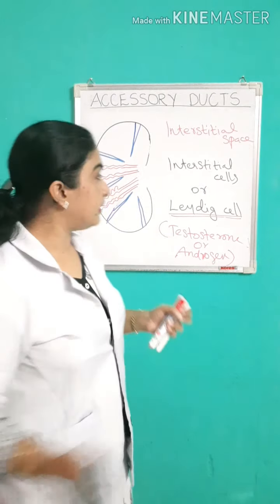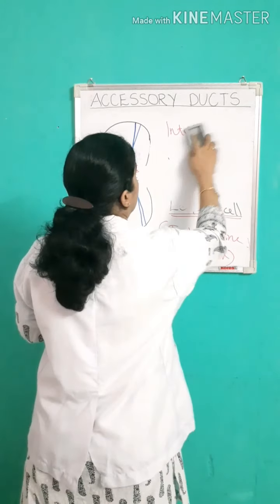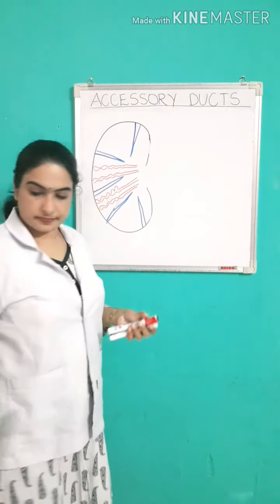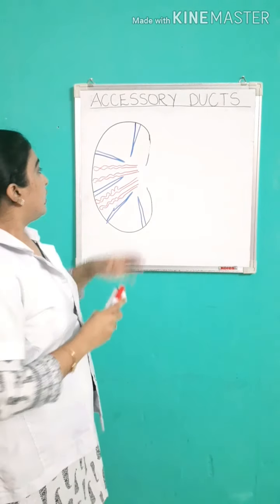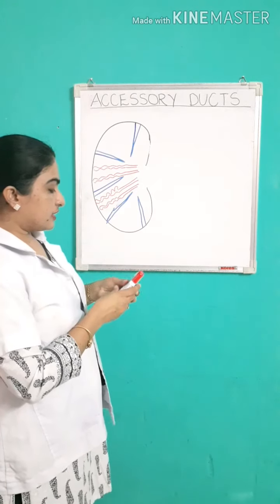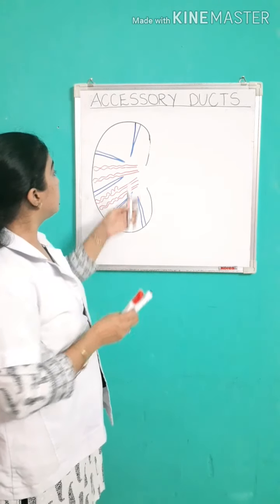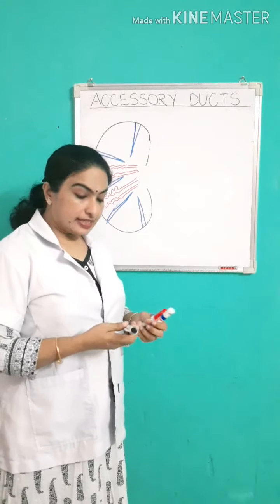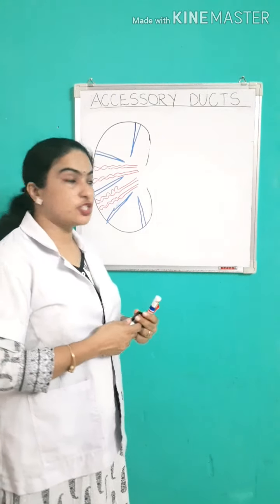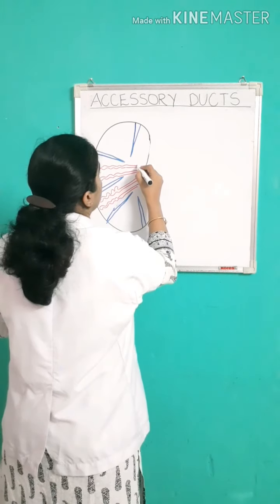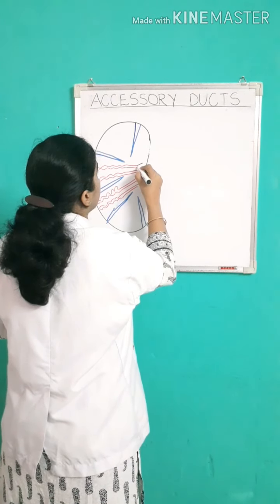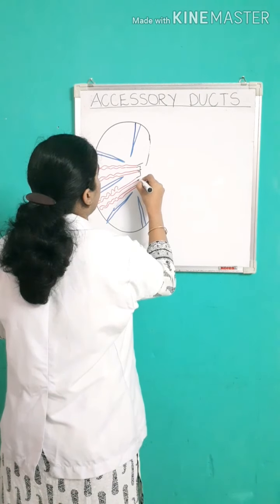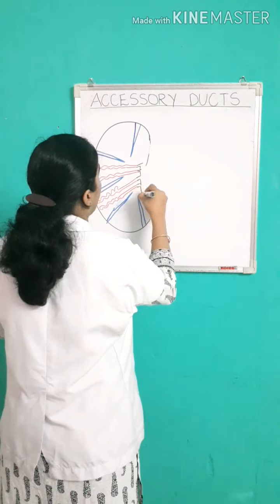Okay, now we can see the location of various ducts in testis. Here you can see the straight part of the seminiferous tubule. The straight parts together make a network of tubes.